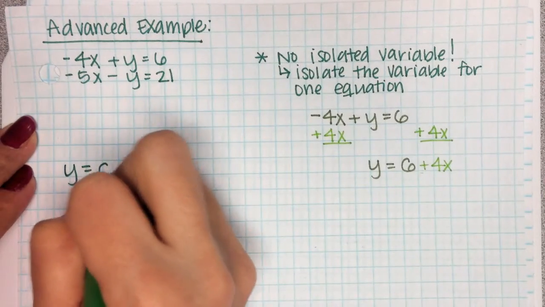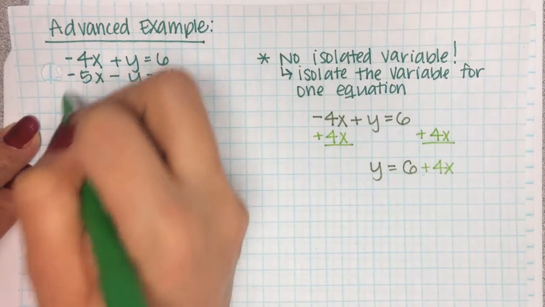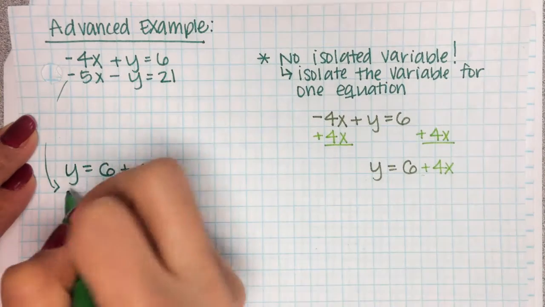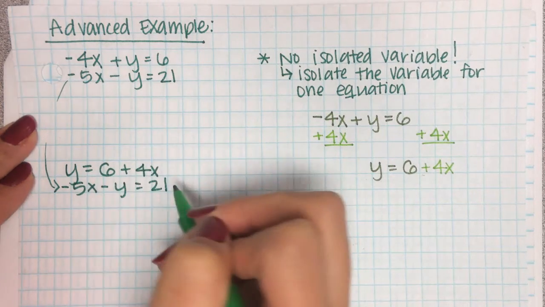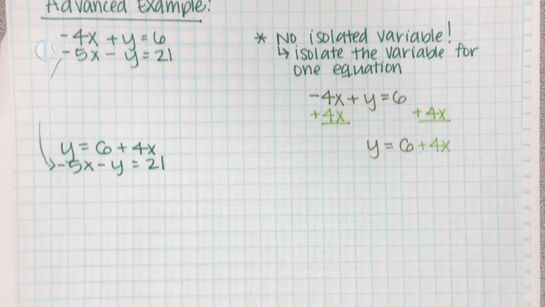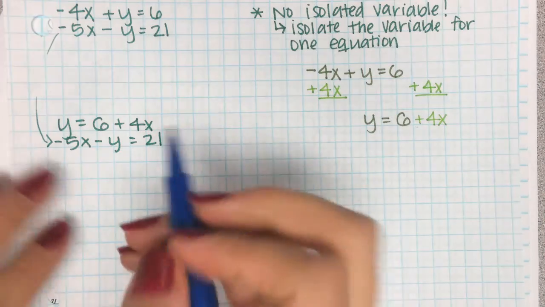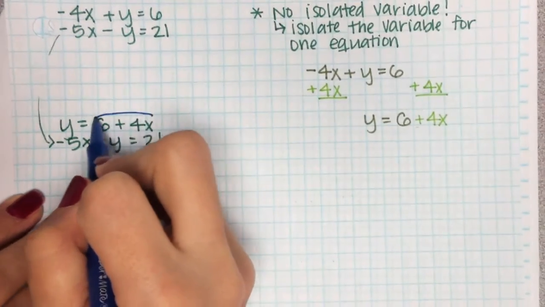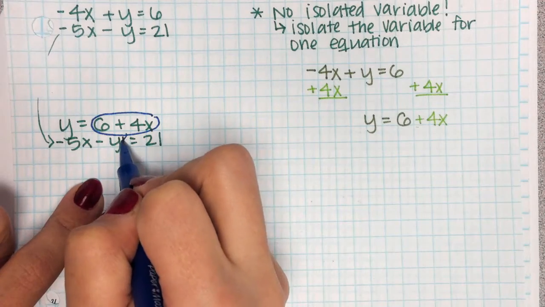So y equals 6 plus 4x, and bring the other one down. Negative 5x minus y equals 21. So next step is to take this and substitute for y, since y is the isolated one.